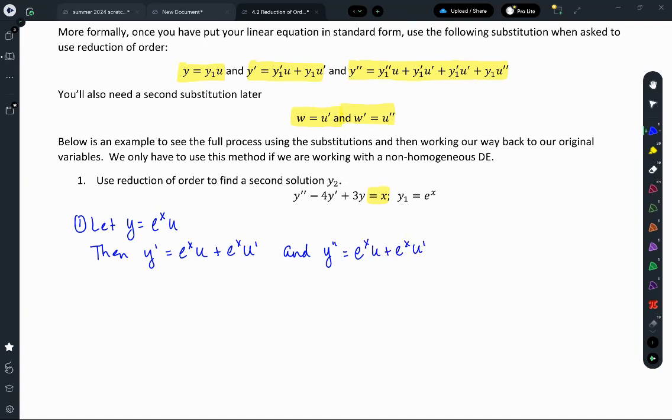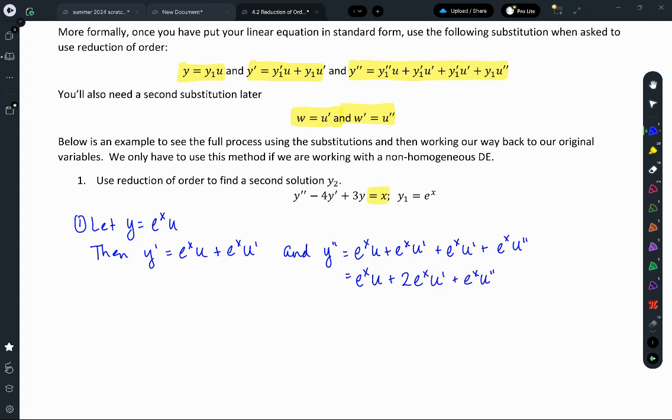Then we'll take the derivative of e to the x u prime. We get plus e to the x u prime plus e to the x u double prime. And y double prime simplifies. It becomes e to the x u plus 2e to the x u prime plus e to the x u double prime.